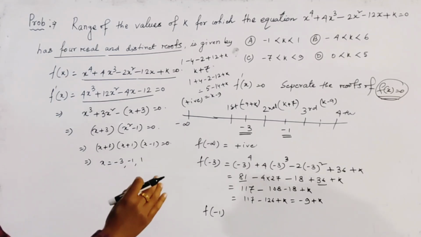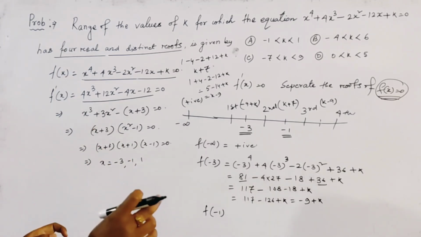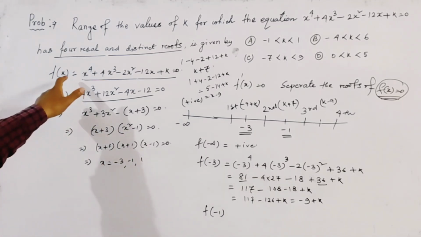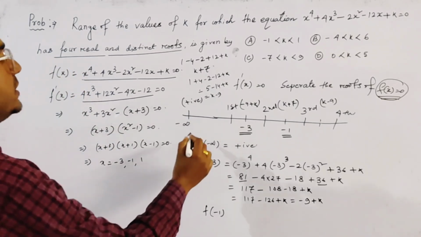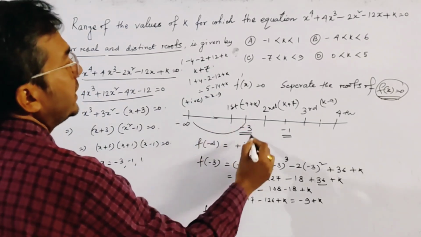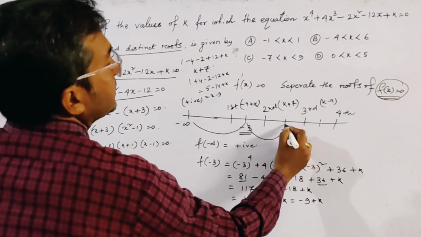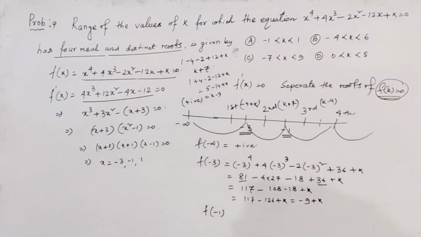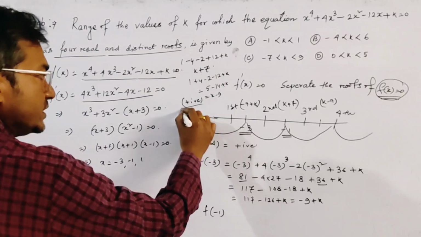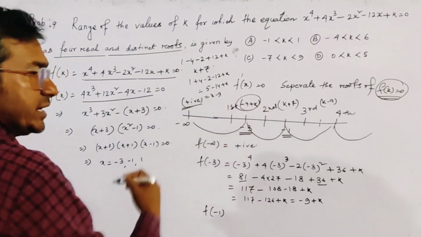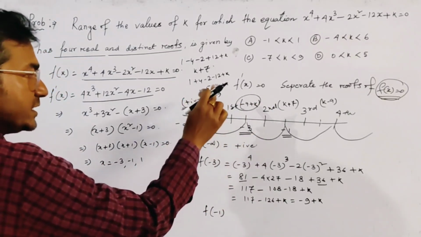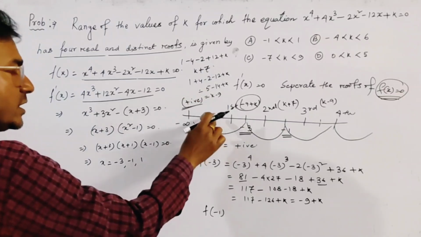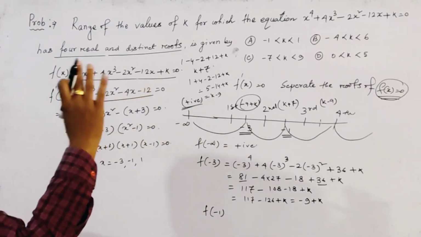Now we get 4 intervals in which the roots lie. Since the value at minus infinity is positive, f(-3) must be negative, because if there is a change of sign, the interval contains at least one real root.